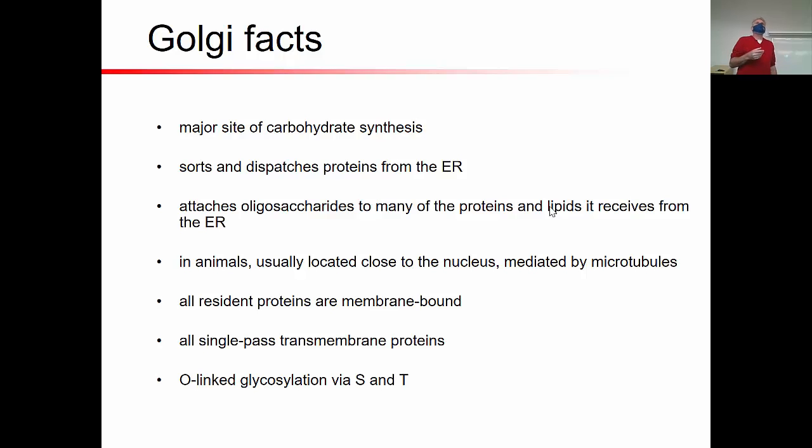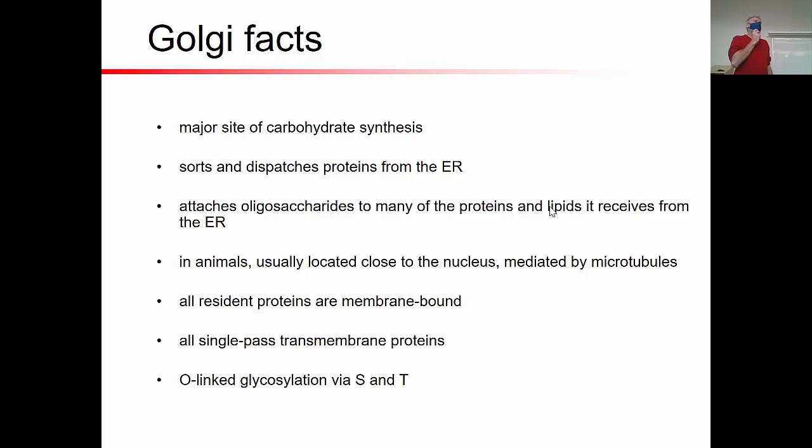This is a major site of carbohydrate synthesis, and by that we mean more polysaccharide. So not the actual construction of the subunits, but putting those subunits together into oligosaccharides and polysaccharides. Proteins are modified in the ER, we saw that. They then move to the Golgi and they get further modified.